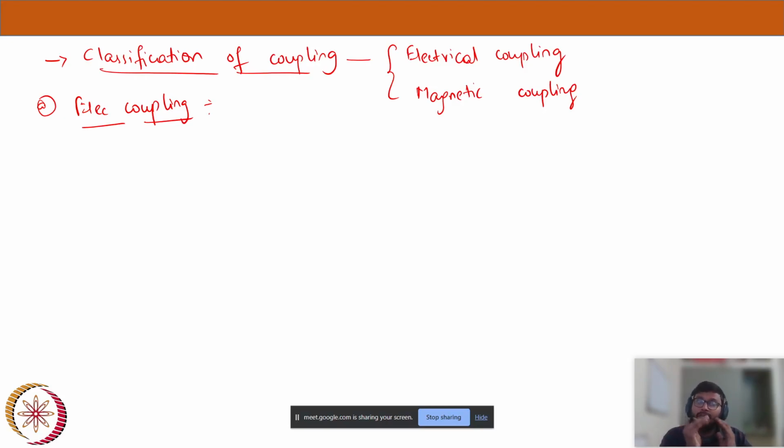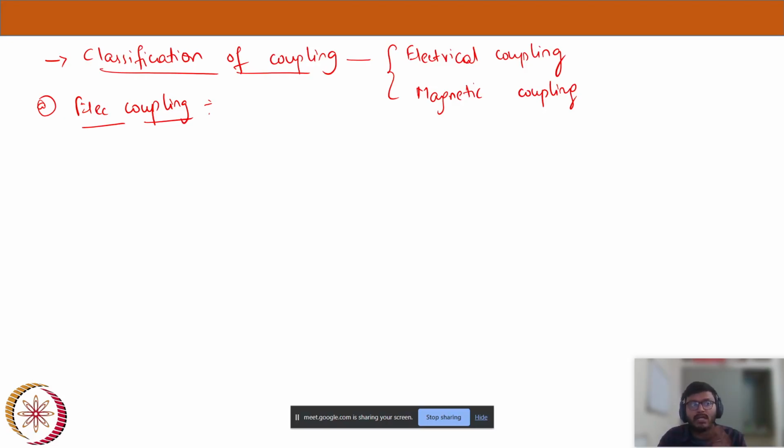When it will be aiding and when it will be opposing depends on whether the current enters the dotted terminal or leaves the dotted terminal. When we look into some diagrams and some voltage equations, you will clearly understand what is aiding and what is opposing. I hope you understand what is electric coupling. Electrical coupling occurs when there exists a physical connection between two coils.